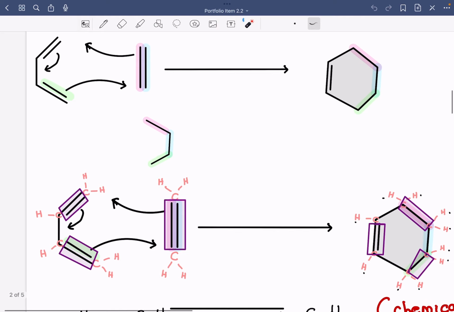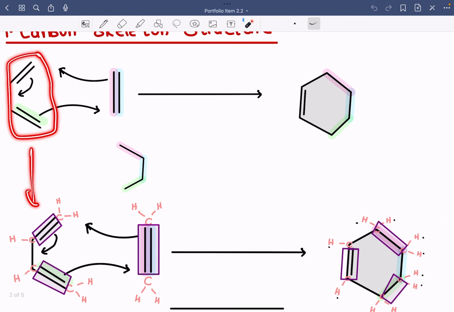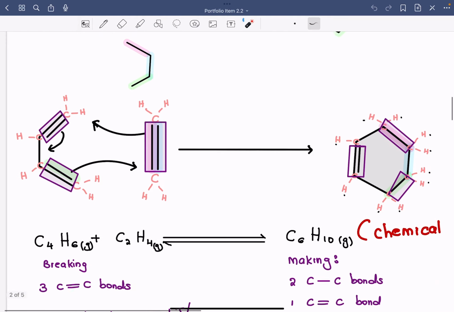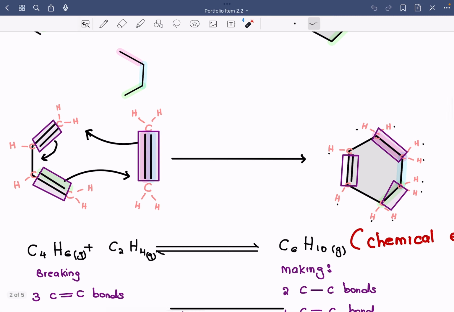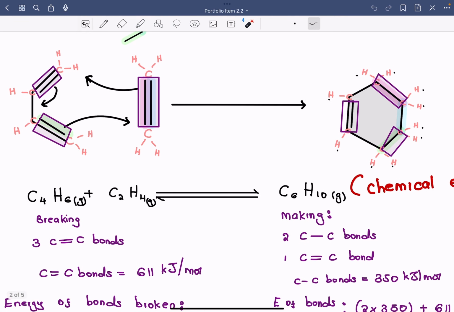So you can see how, from just this, we can get this. Just knowing that at each end of a line there's a carbon, and a carbon needs 4 bonds to be stable, you fill up the other gaps with hydrogens. And so our first structure is C4H6.